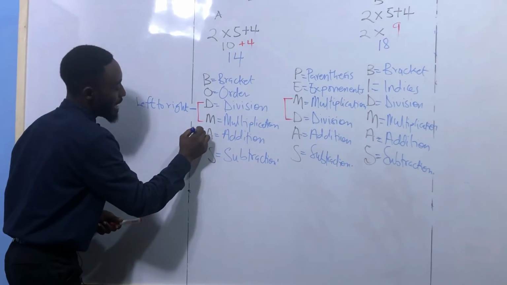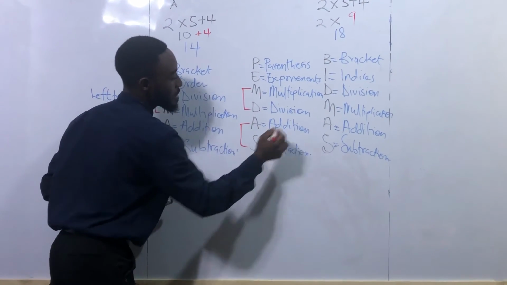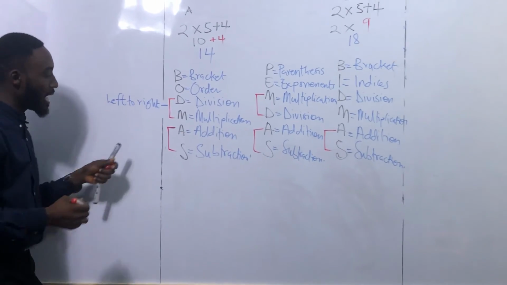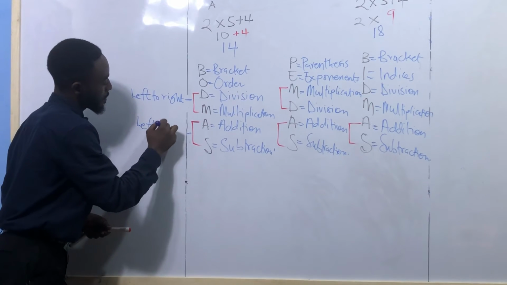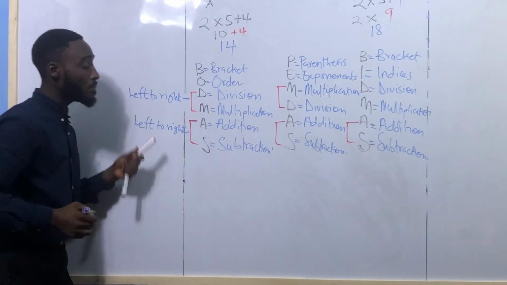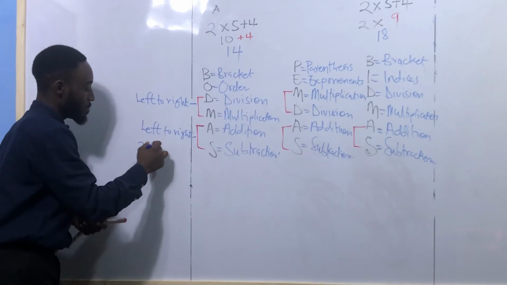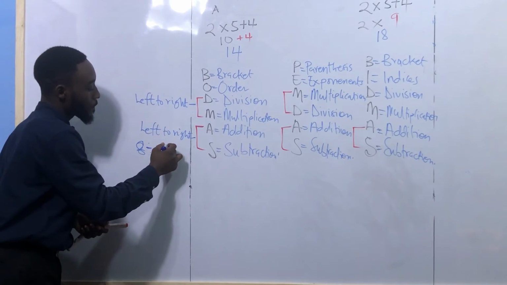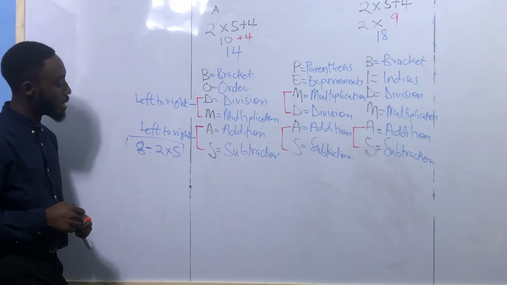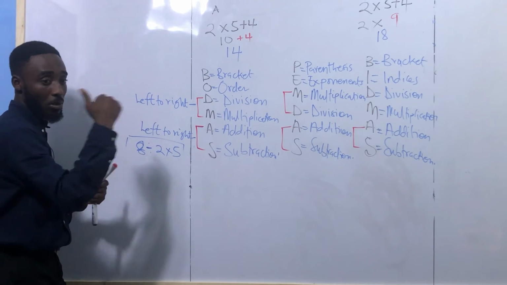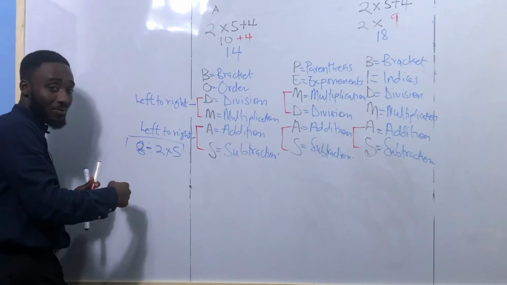The same applies to additions and subtractions. They also have the same priorities. However, you add them from left to right. So it simply means that if you give me a question like 8 divided by 2 times 5, though multiplication and division have the same order of preference, since division is the one appearing first from the left, I must divide first.